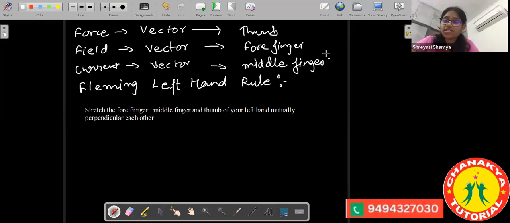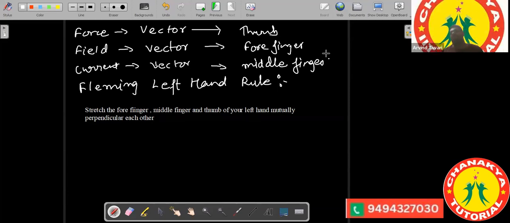Okay. The thumb is the most important. If you are going to hold a spoon, or hold anything, you don't hold with these two fingers. You take the help of your thumb. So whenever you are applying a force, your thumb is important.